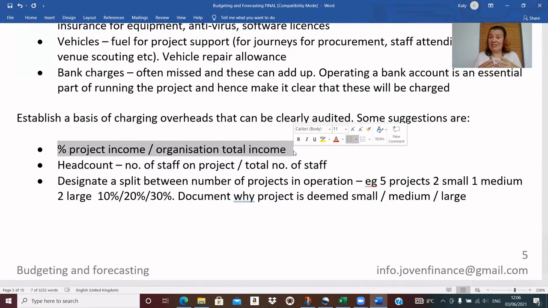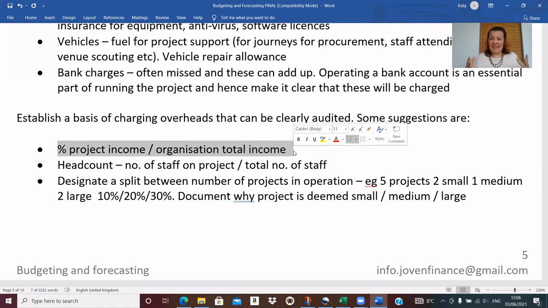If your project is 20% of the organisation's total income, then maybe 20% of your overheads seems a reasonable charge. You could do it on headcount, take the number of staff on the project over total number of staff in the organisation. You could do something more simple and designate a split between a number of projects.